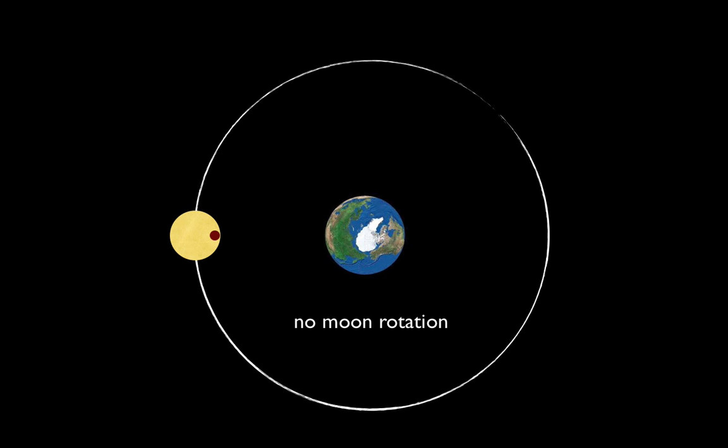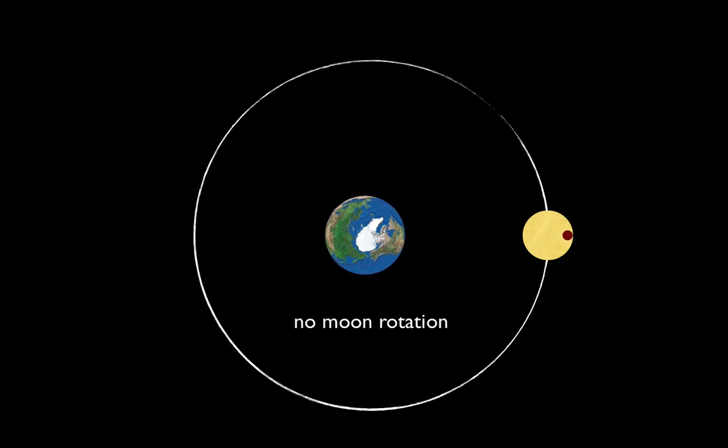Now, if the moon itself did not rotate, but only revolve around the Earth, then at this position of its orbit, we would be able to see the red dot clearly. But a little while later, the red dot would be on the edge between what's visible and what's not visible from Earth, and at this part of the orbit, it would be completely invisible from the Earth.